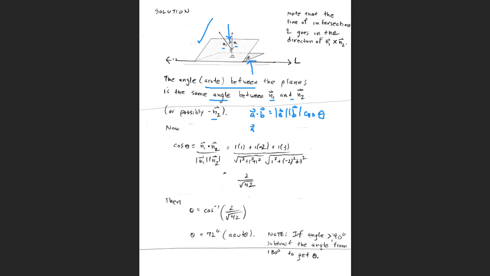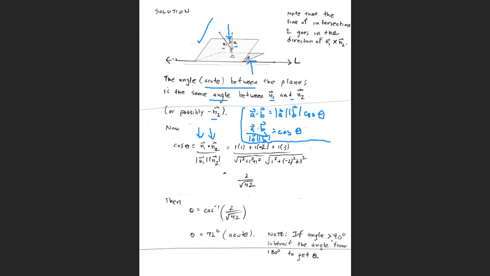And so A dot B divided by the length of A times the length of B is equal to the cosine of theta. Right? We know that. Well, our vectors A and B that we're talking about now are normal vector n1 and normal vector n2. So we know the normal vectors, what they are, based off of the coefficients of the equations of the plane.